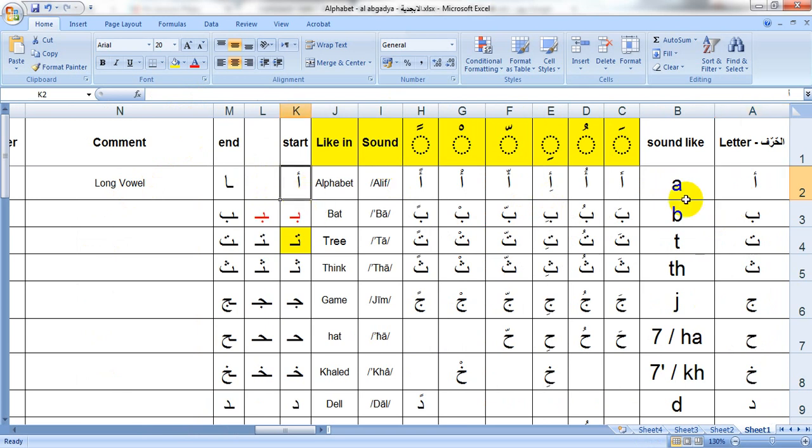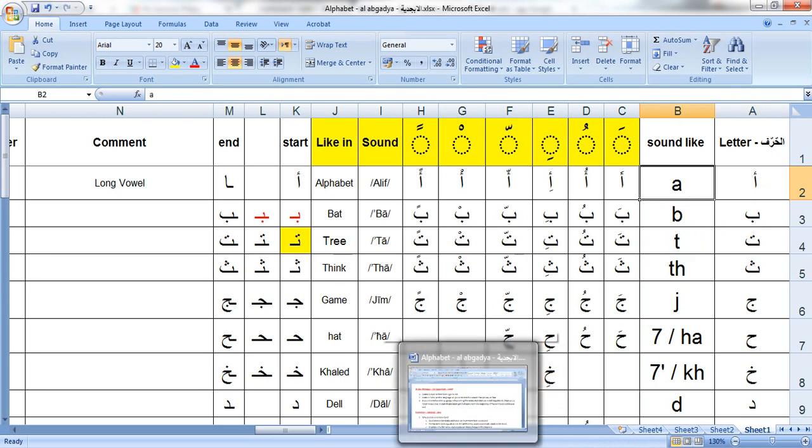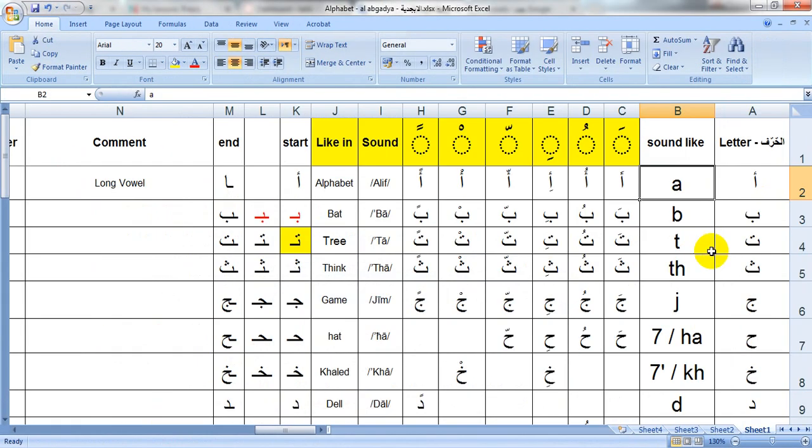Also, I got you here the sound line. So alif here, the sound of it is equal to the sound of a in English. Okay, great. And sometimes you see that the equivalent is actually a number, which means that this sound, which is ha, doesn't exist in the English language.